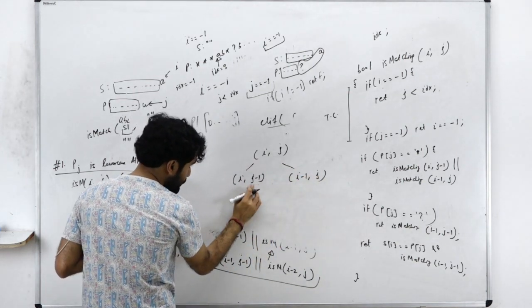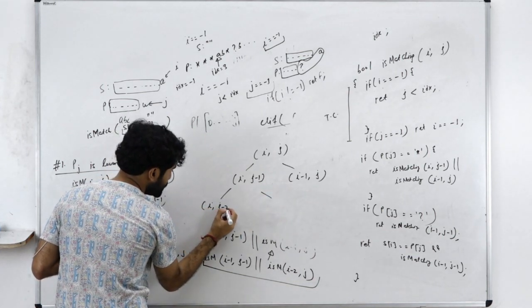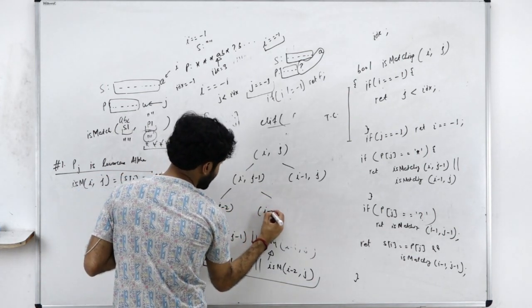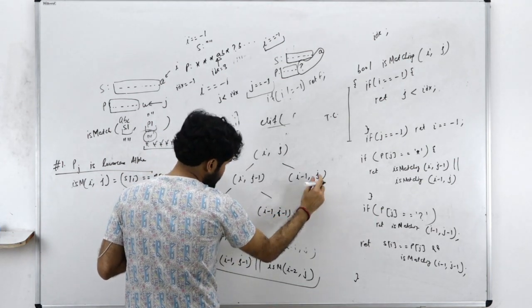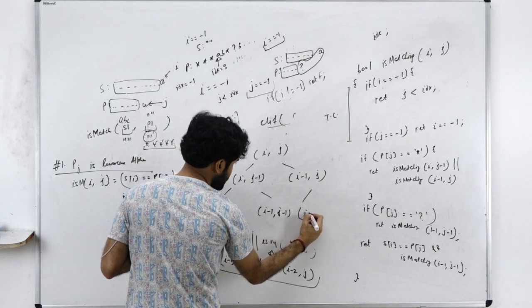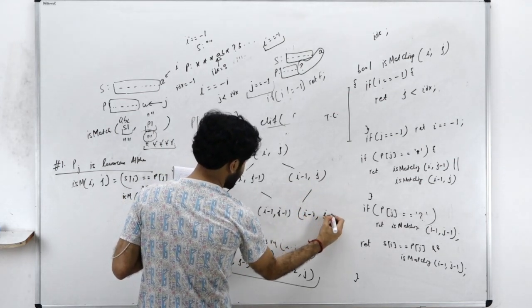Now let's say there was a star over here also, then it would again call for i, j minus 2, and it would call for i minus 1, j minus 1. And let's say there was a star over here, so it would call for i minus 1 and then j minus 1.